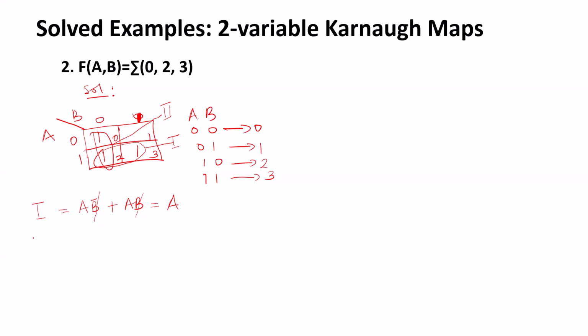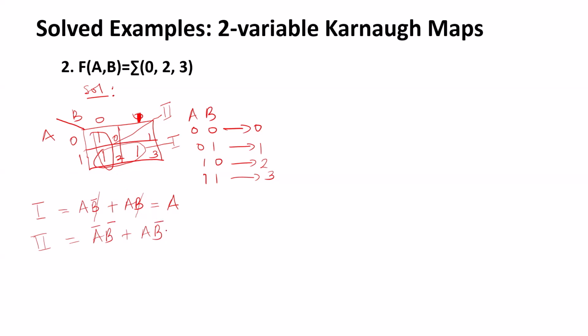Then for the second equation, which is equation 2, also two cells. In this case, A is 0 and B is 0. So we have A bar B bar. For the second cell, we have A is 1 and B is 0.